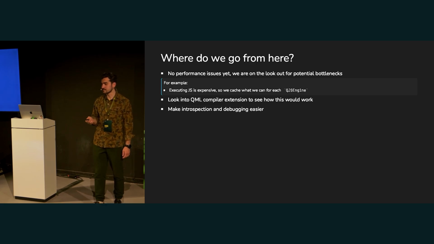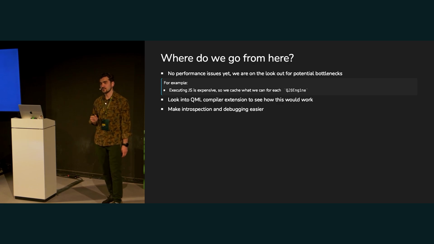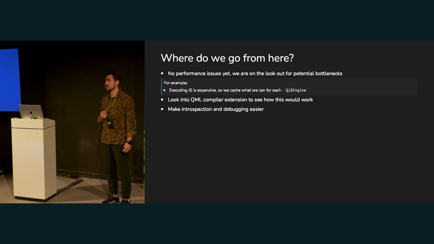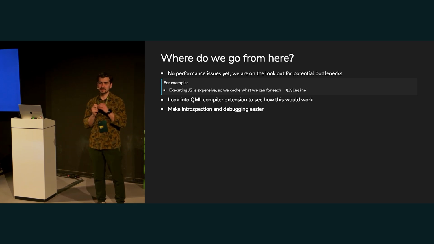And next up, we need to look into how the QML compiler extension can be used for this. I have not tried it yet, even though it's been out for a while now. And we also need to make introspection and debugging a little bit easier because sometimes it's hard to follow where the table comes from and what's inside the table.